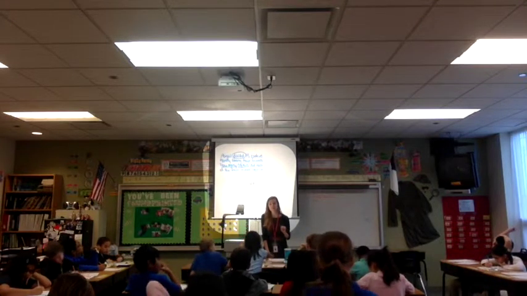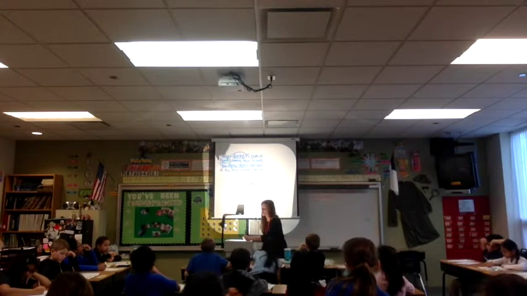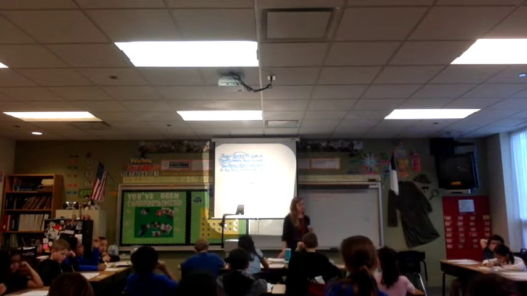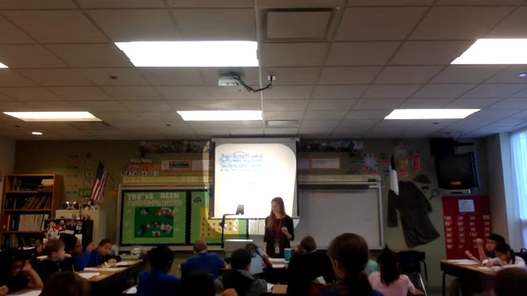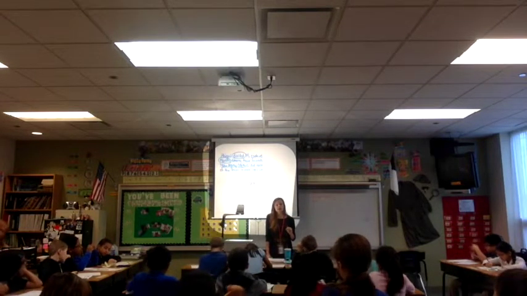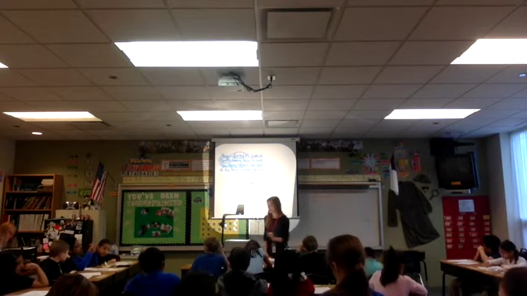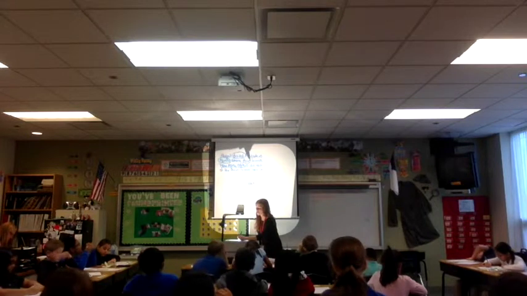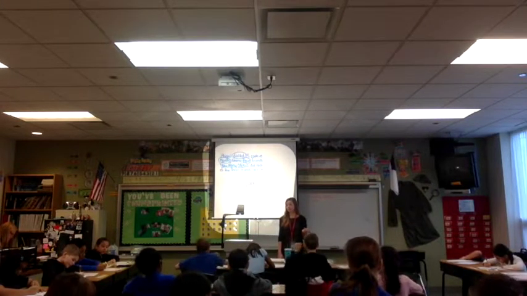Mia? Equally. That means there were no leftover cookies. She divided 15 cookies equally. There were no leftovers among, what else should I circle? Aaliyah? Among 3 friends. How many cookies did each of the 3 friends receive?